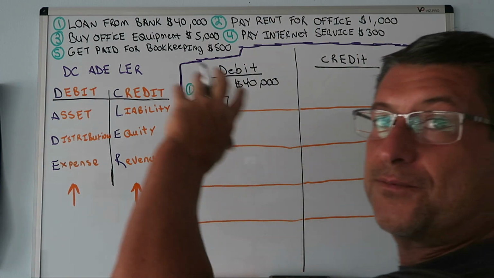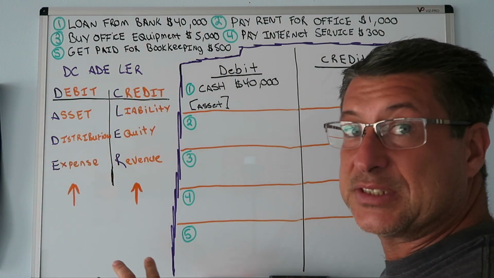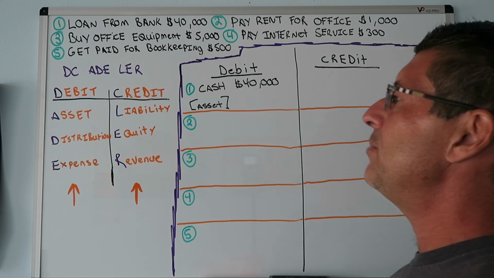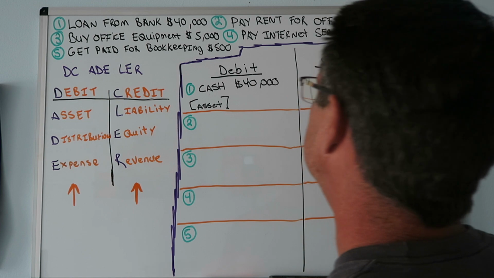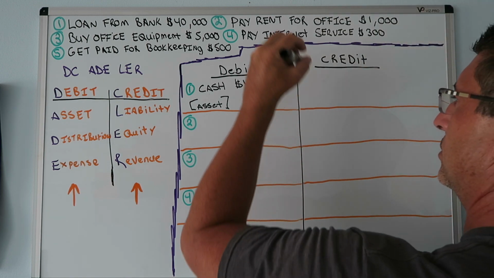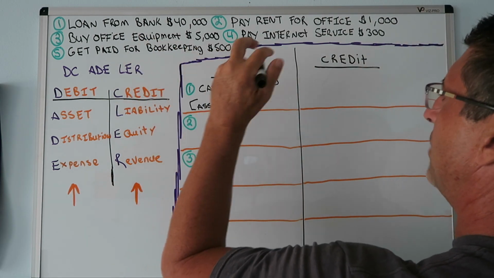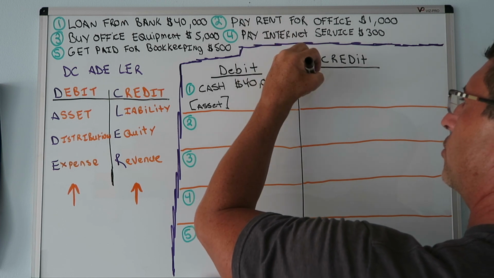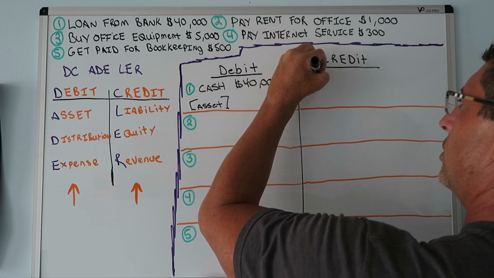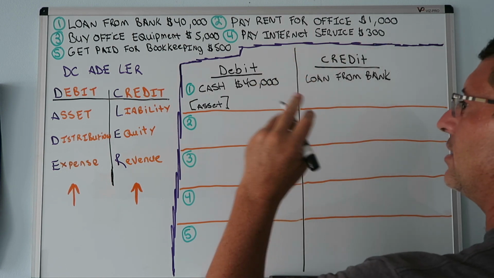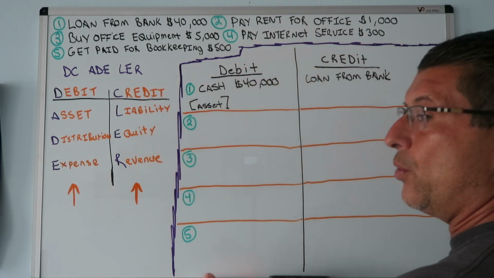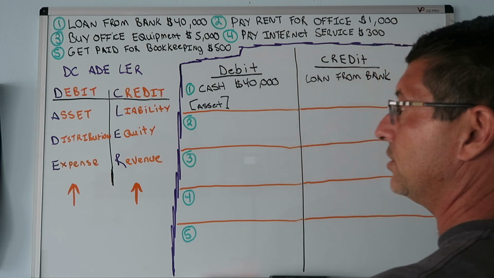This is the first transaction of our business. So we have liability going up, and that's going to be $40,000. But that's a loan from bank, so that's going to be our credit. Loan from bank, and it's a liability because we owe it to somebody. We owe it to the bank.